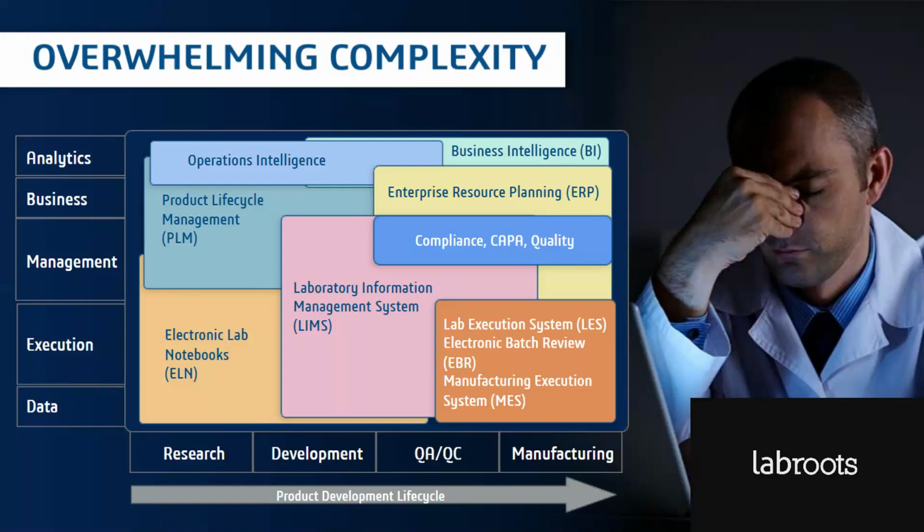We move into the LIMS, Laboratory Information Management System, as you're moving through process development and QA, QC. Then further on in the product development lifecycle, you have an execution system, maybe electronic batch review. And in manufacturing, you have a manufacturing execution system. And that's not even to touch upon the product lifecycle management, ERPs, and other systems that may be laid on top of this and loosely integrated together in certain situations.